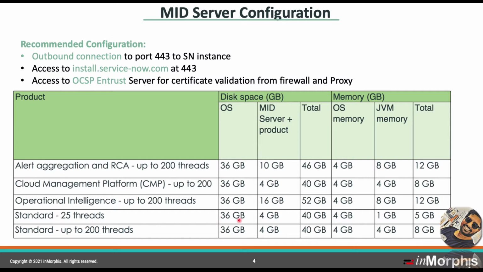You require mostly 40 GB of space and 5 GB of memory, but that depends on what kind of applications you are utilizing, and there are multiple other factors, like how many devices you have, that determine how many mid servers you might need. Instead of 25 threads you can go up to 200 threads, then this will increase, because in that case you require more JVM and more memory.